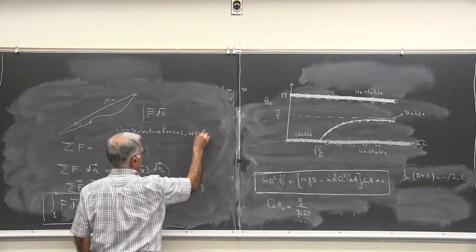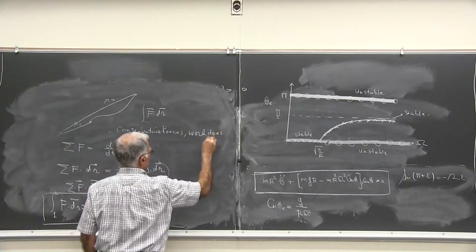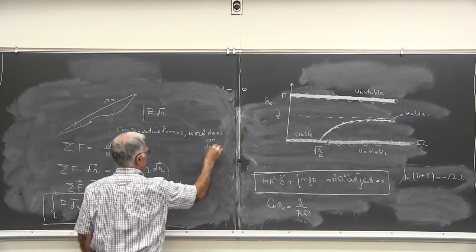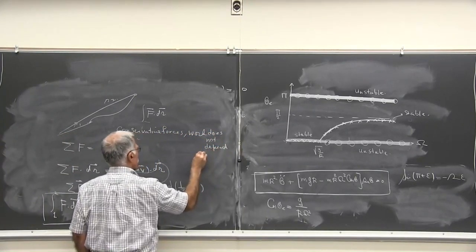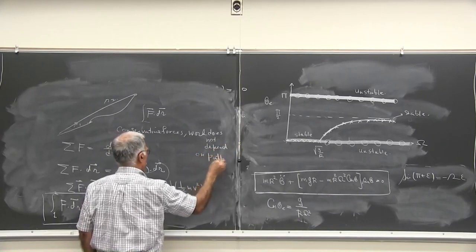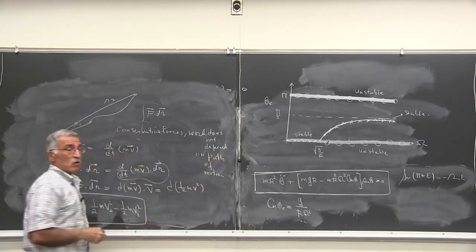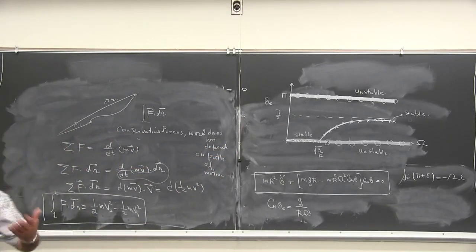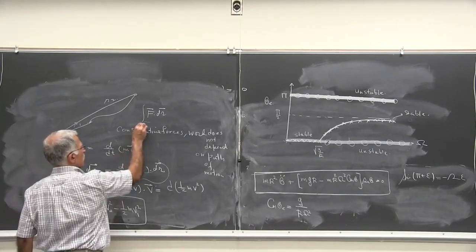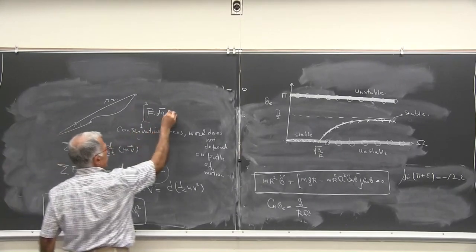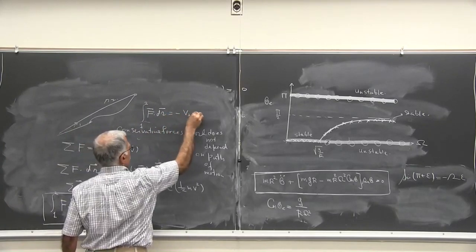So for conservative forces, the work does not depend on the path of the motion. And the work associated with those forces is called potential energy. From stage 1 to stage 2, it is minus V2 plus V1.